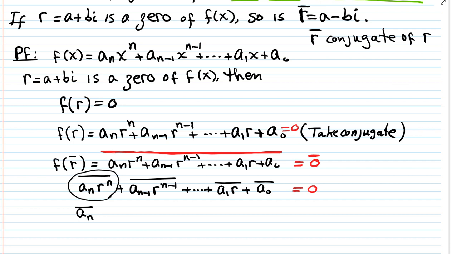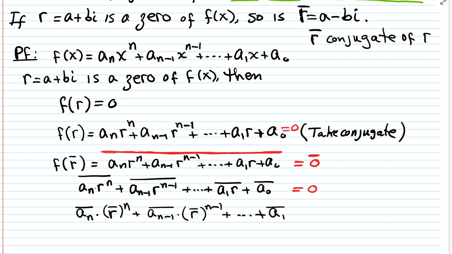This is a product of a sub n by r to the n. The conjugate of a product is going to be the product of conjugates. So that's going to be a with a bar, the conjugate of a sub n, times r bar to the n. The next one is going to be the conjugate of a sub n minus 1 times r bar to the n minus 1, and so on, plus the conjugate of a1 times the conjugate of r, plus the conjugate of a sub 0, equals 0.